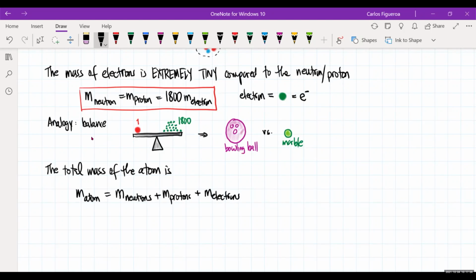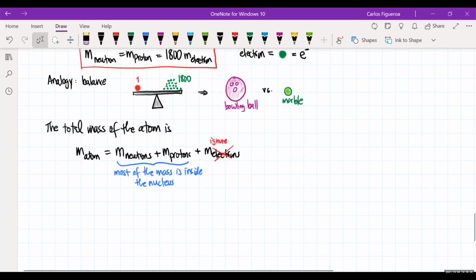Since we're comparing bowling balls to marbles, we can clearly just ignore the mass of the electrons. So when I look at this, you could see that most of the mass is inside the nucleus. So when we look at the atomic mass, it's the neutrons and protons.